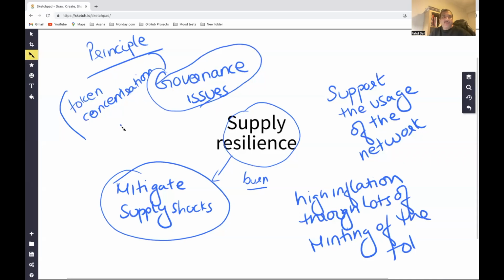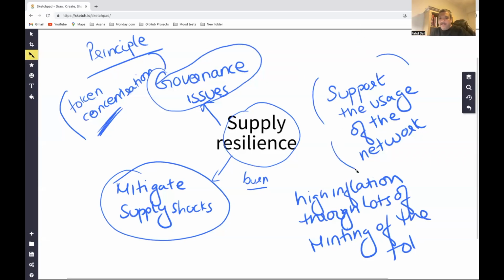That is, again, not good tokenomics. Your supply and design resilience should also cater to governance issues and make sure that there is no token concentration within your ecosystem and it is evenly distributed throughout the members participating, and also people who actively create the value should have the token. So that's how your governance should operate.